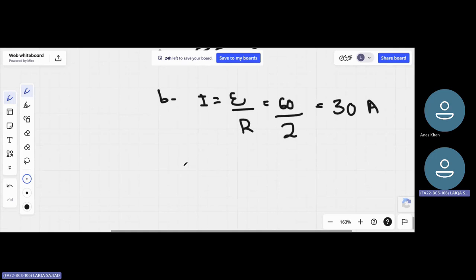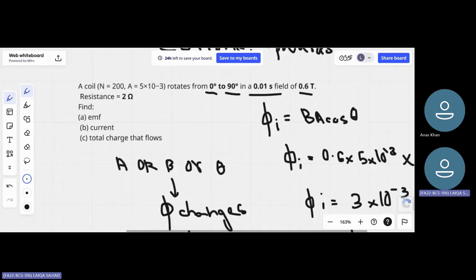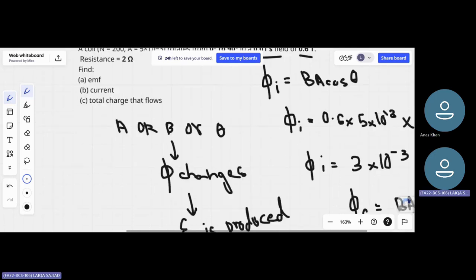In part C, we have to find the total charge that flows. What's the formula to find the charge? If we are given the current, what's the relation between current and the charge? Current is simply the rate of flow of charges.